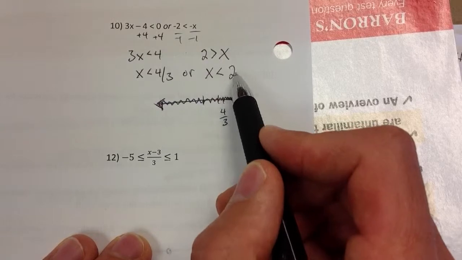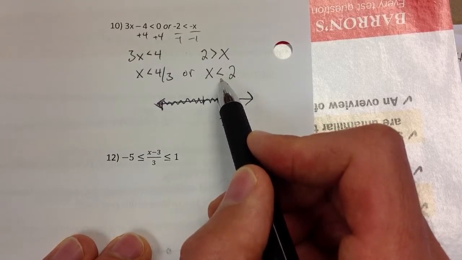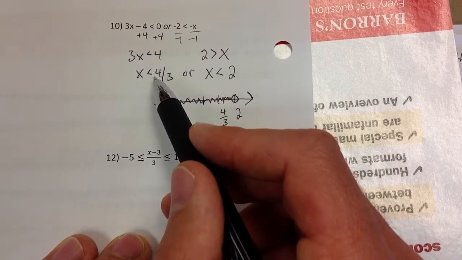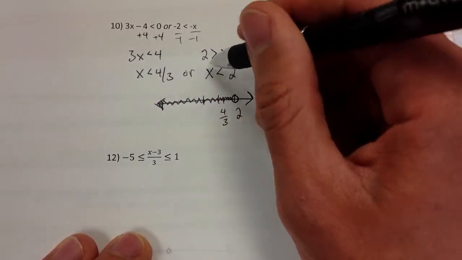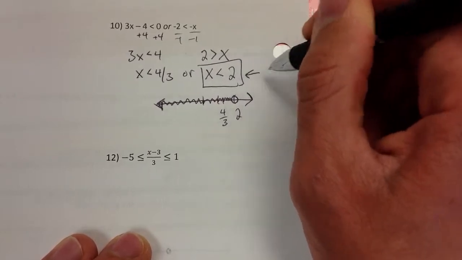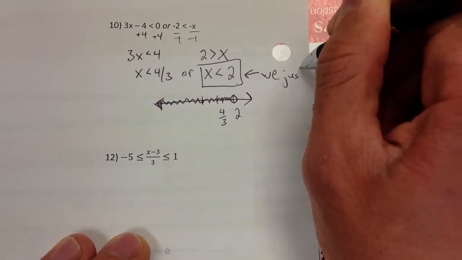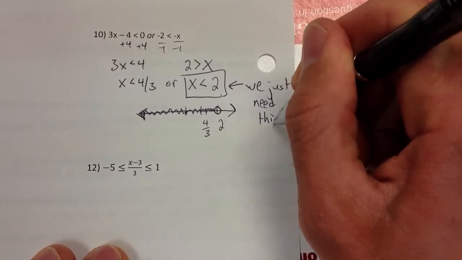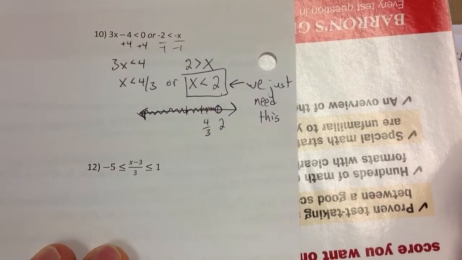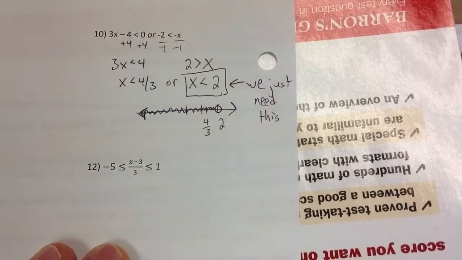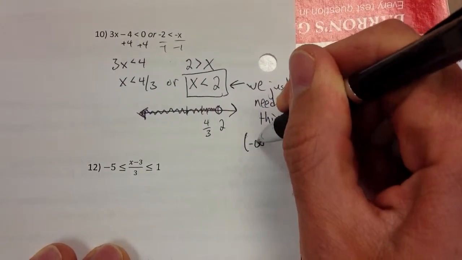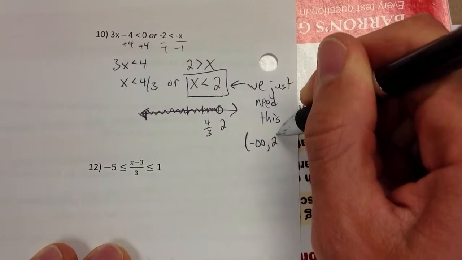The fact that x can be less than 2 covers this. So we just need this. If you said both, it would be redundant, that x is less than 4/3 or x is less than 2. No need. So that's going to be parenthesis negative infinity to 2 parenthesis.